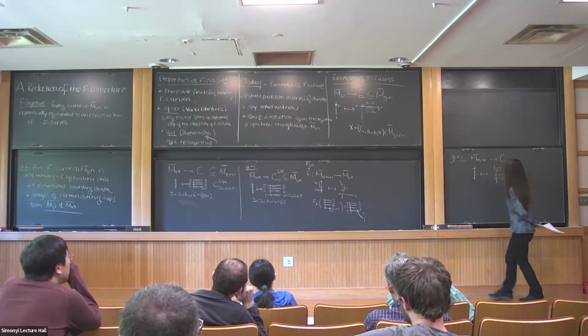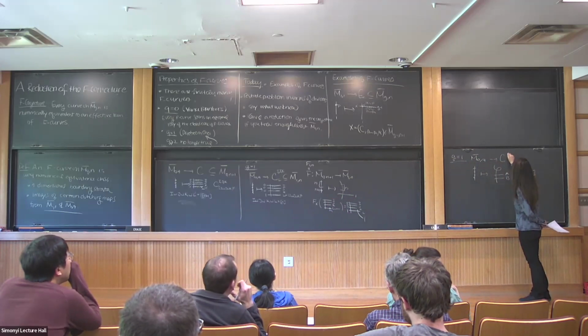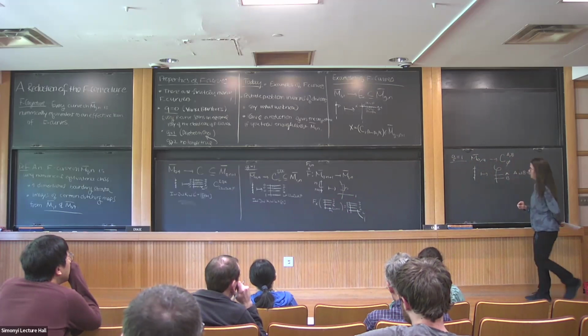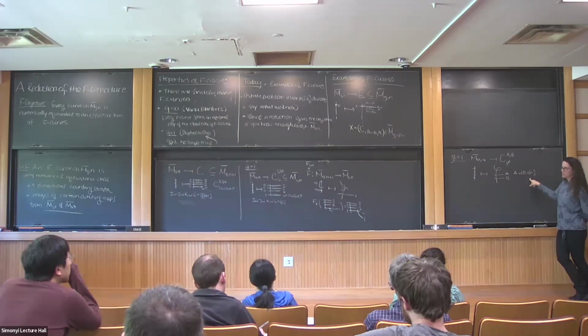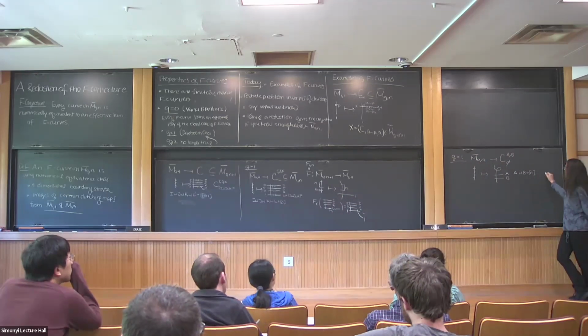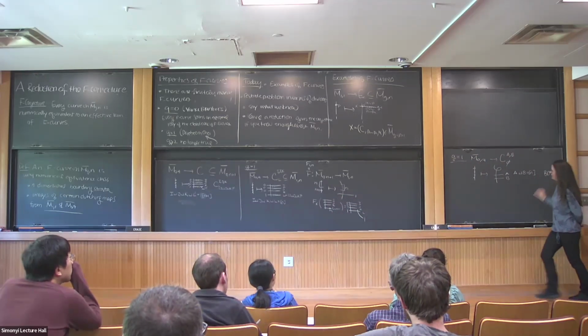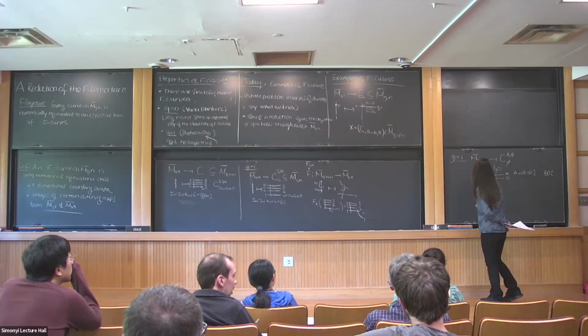If I have any partition into 2 sets, I have an F curve. So this I'm going to call A, B, empty set, and you'll see why in a minute. I call this a beloved only child. We'll see why, BOC.